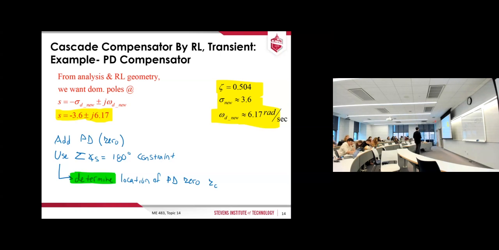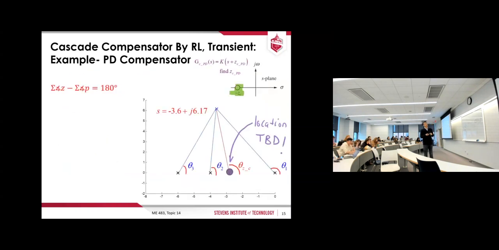So here we have to determine the location of the PD 0, ZC, the zero for the controller. So we have to fulfill this requirement for that point to be on the locus, right? So we use this geometry here again. Theta 1, what was that?